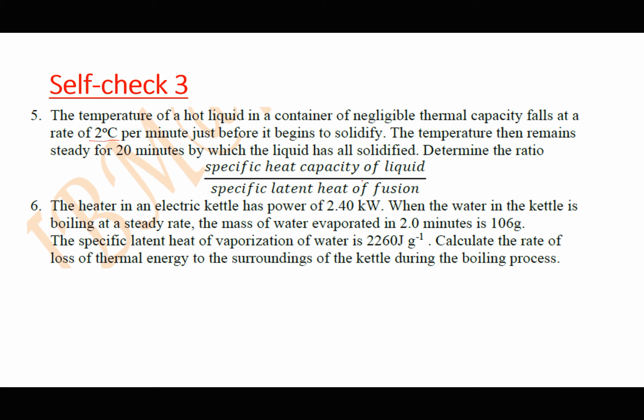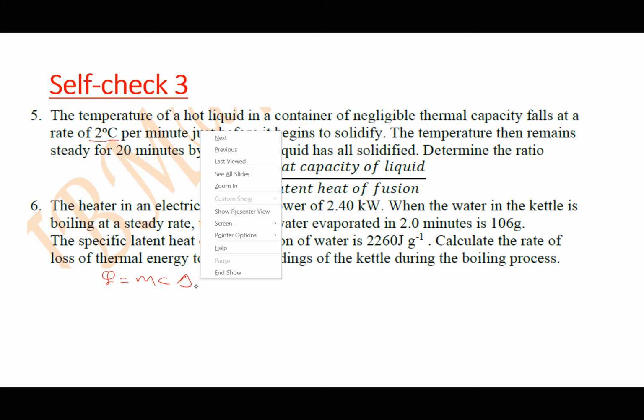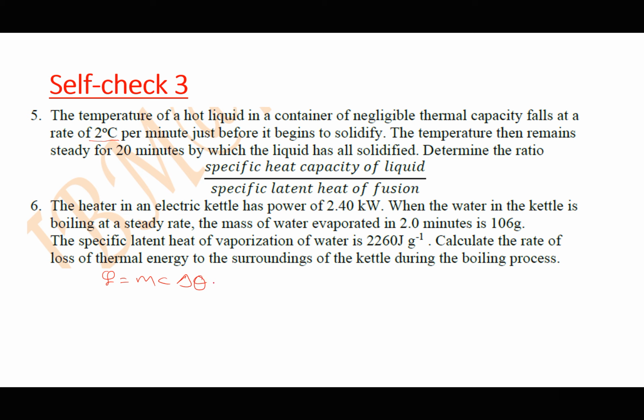For specific heat capacity, the amount of heat supplied should be equal to M specific capacity times change in temperature, delta theta. The amount of heat should go into raising the temperature. The temperature of a hot liquid falls at a rate of 2 degrees per minute.